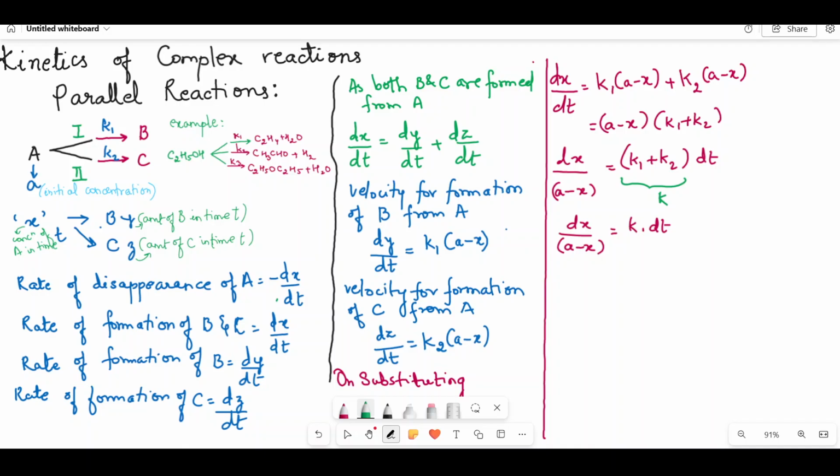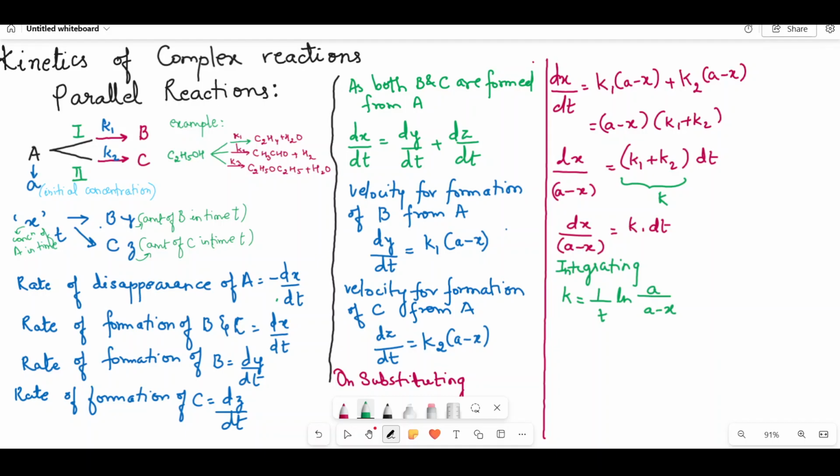Now integrating this, what we get is k is equal to 1 by t ln of a divided by (a minus x).